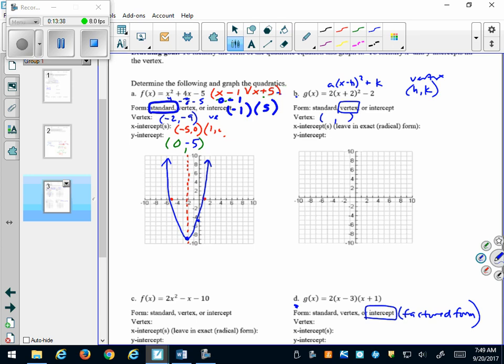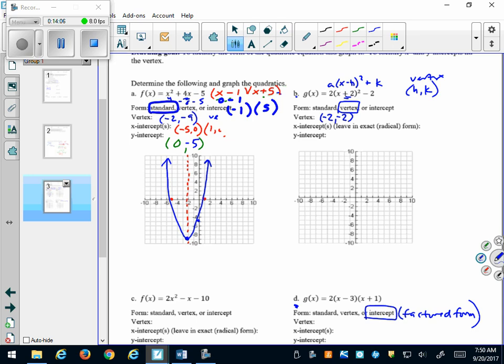So what would be the vertex for this problem? -2 for h. Good. Actually, k is also -2. So the opposite is only when it's in the parentheses. The x switches its sign, the k keeps the sign. So it's (-2, -2) here is the vertex.